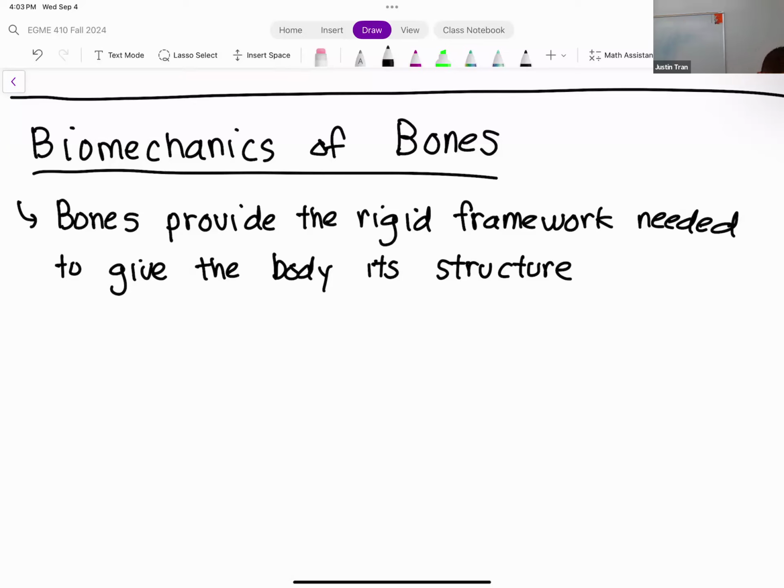But bones actually provide another really important purpose with respect to human movement. The other purpose they serve is that they give a place for muscles and ligaments and tendons to latch onto.